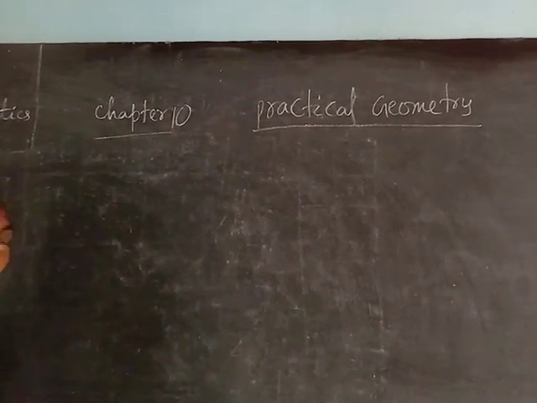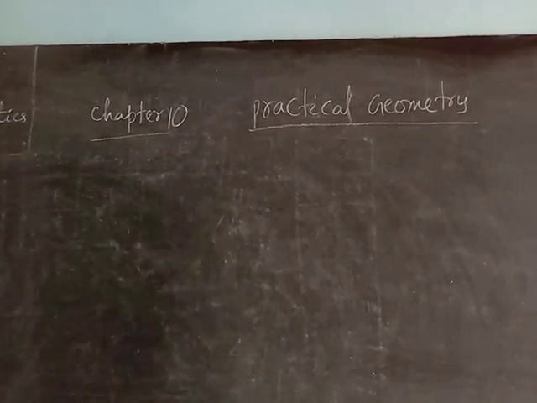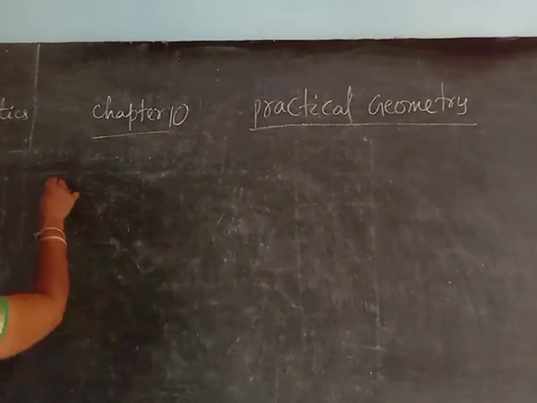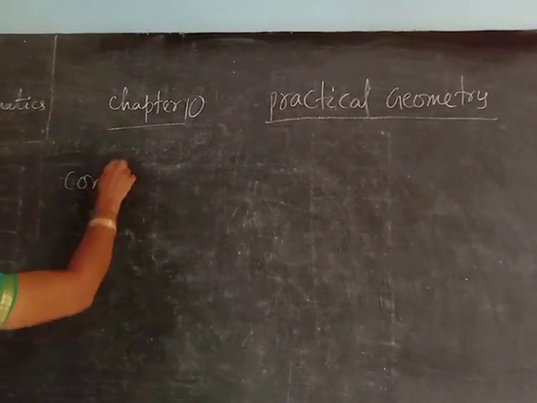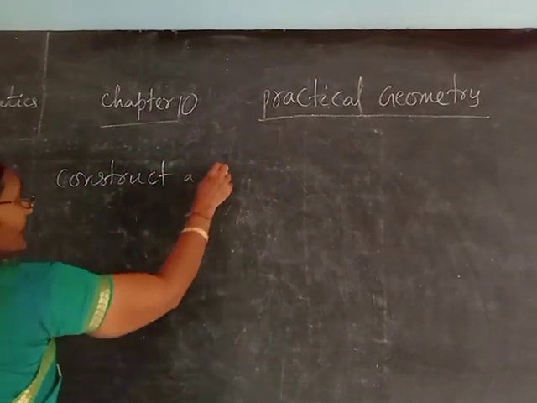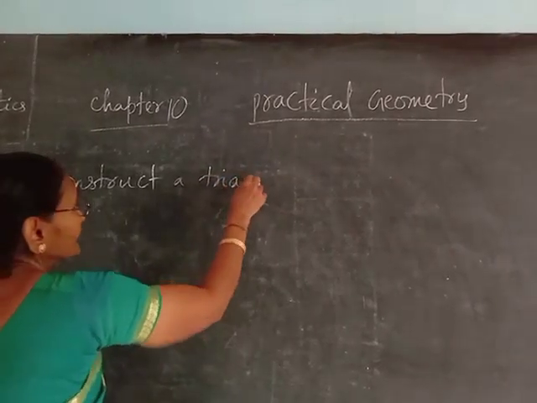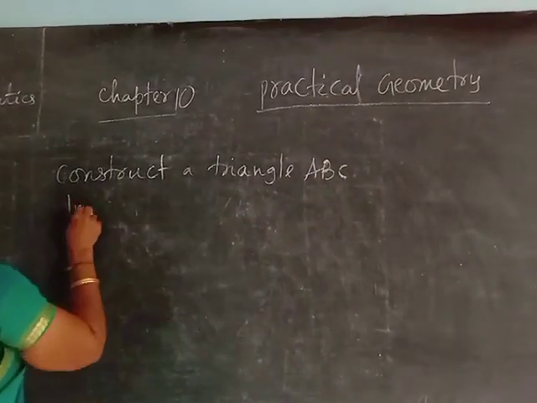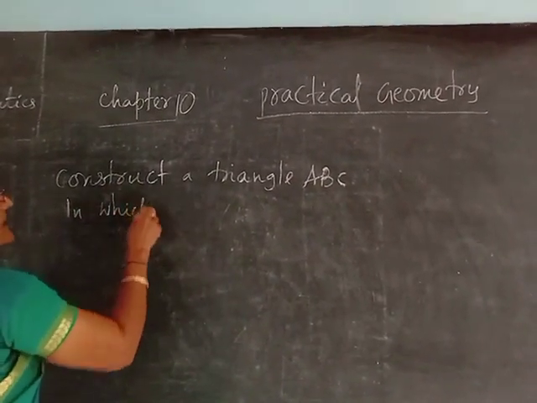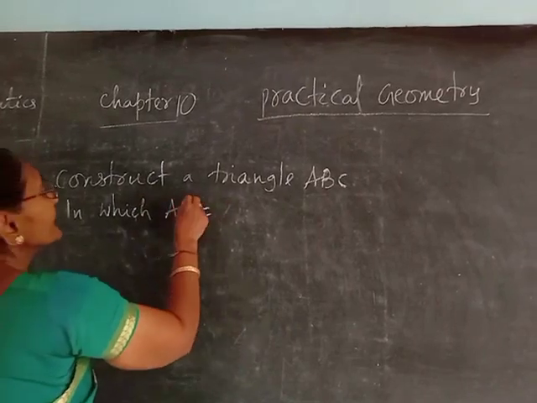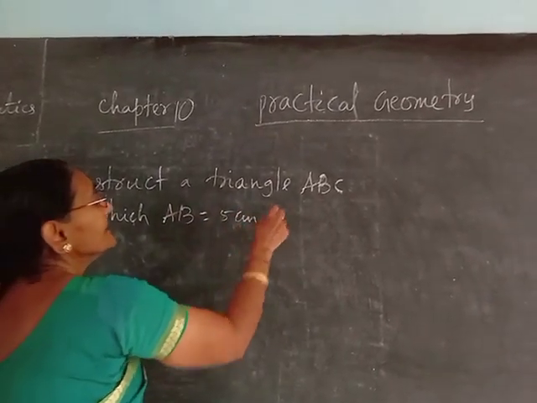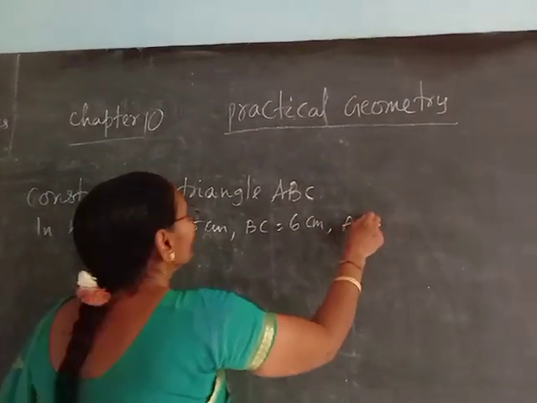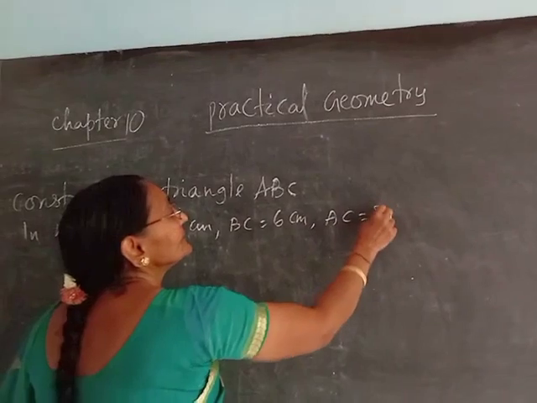Now our topic is construction of triangles when the lengths of the three sides are given. Suppose the question is: construct a triangle ABC in which AB equal to 5 cm, BC equal to 6 cm, and AC equal to 7 cm.